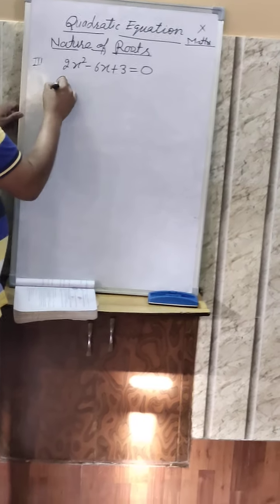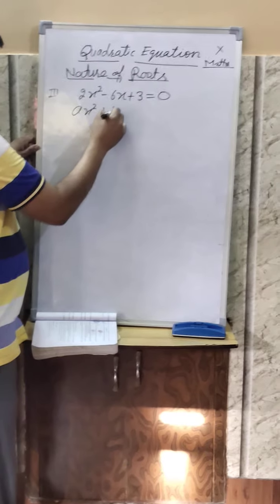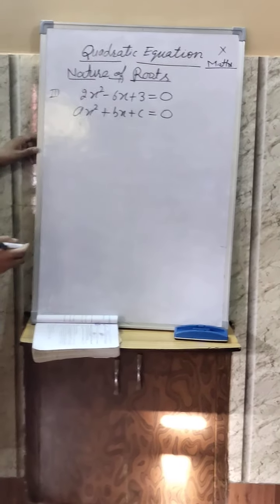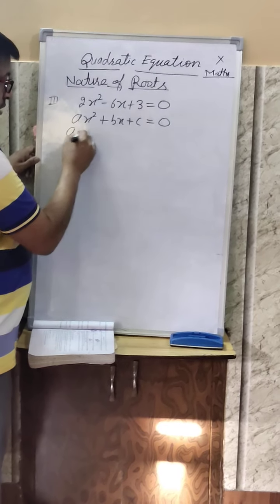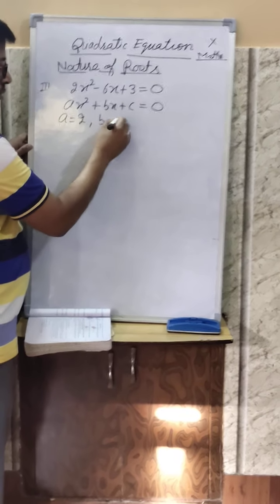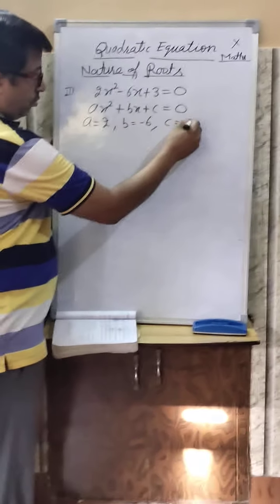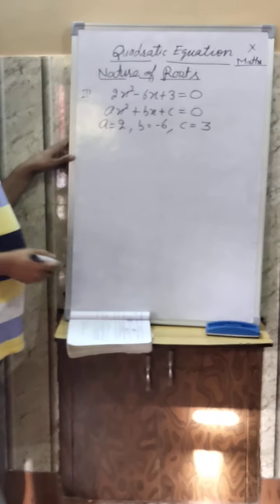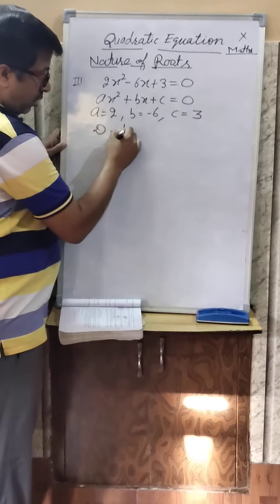So you compare with standard form, ax square plus bx plus c equal to 0. Clear this? So comparing, a equal to 2, b equal to minus 6, c equal to 3. So now find out D. What is D?